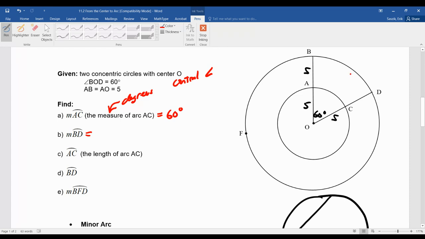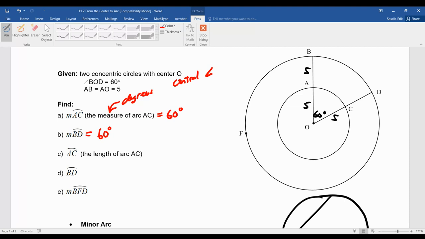So the measure of arc BD is also 60 degrees. It's 360 going around no matter how big the circle is. So the degrees of a central angle equal whatever arc is intercepted by those radii.